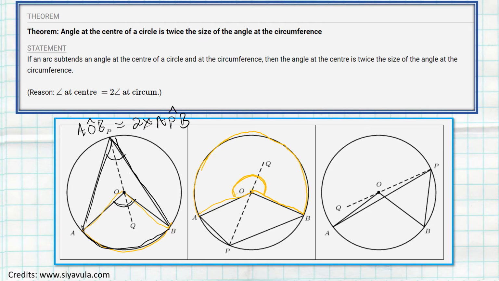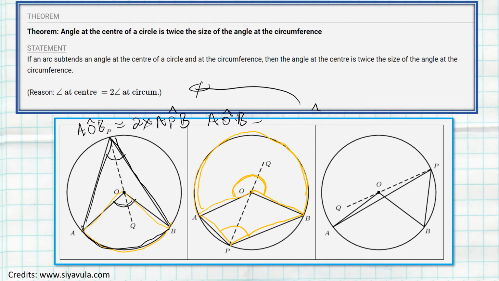The same arc is subtending another angle at the circumference. Can you see? Then we can deduce that angle AOB will be equal to 2 times angle APB, and the reason we give is that angle at center is equal to 2 times angle at circumference. That's the theorem.